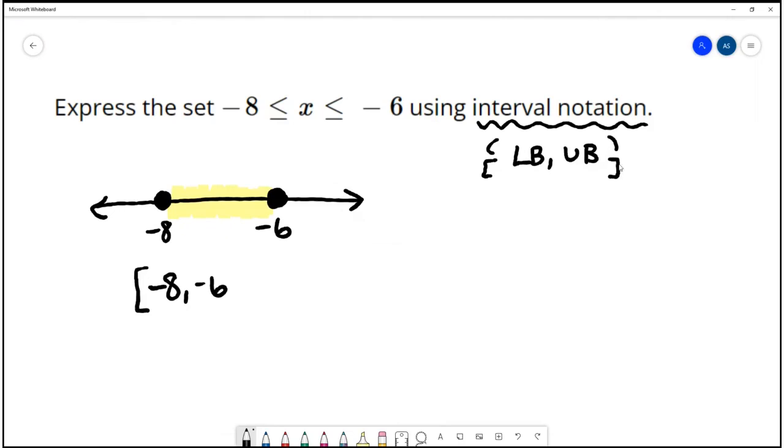Parentheses is not included, brackets are included. Filled in circle is included, the equal to is included, so we want to use the bracket on the upper bound. So we have our interval notation as -8 to -6, including those endpoints of -8 and -6.